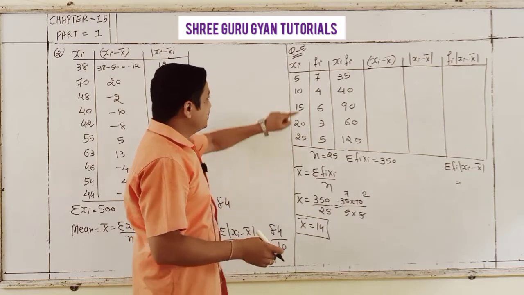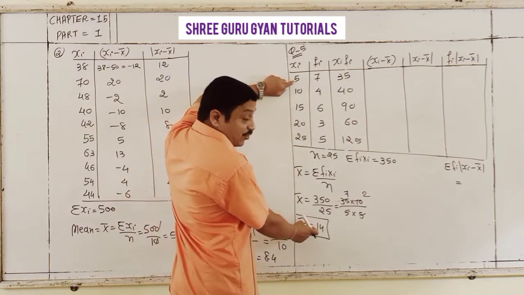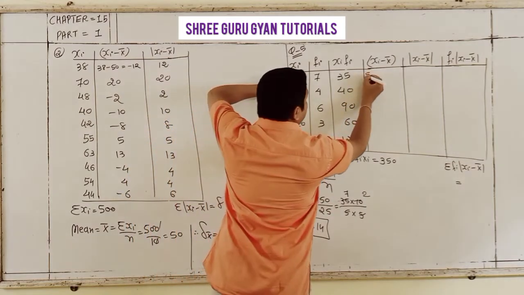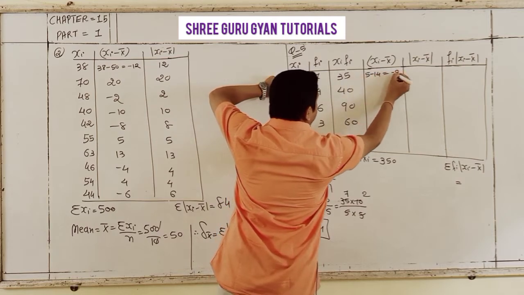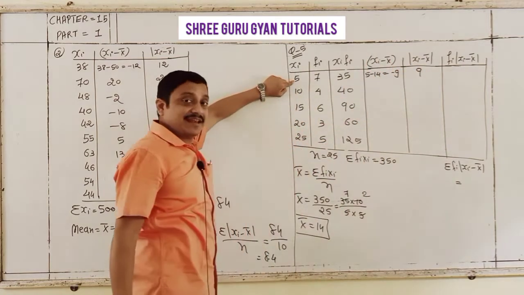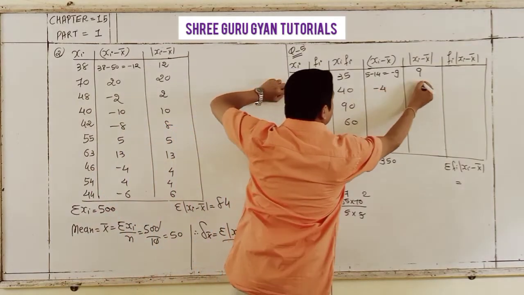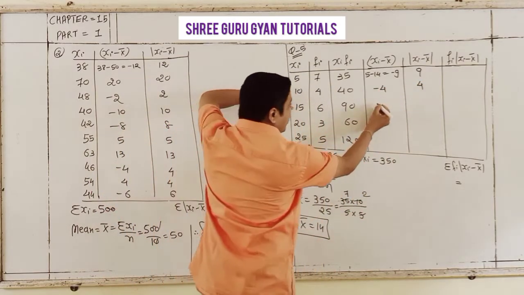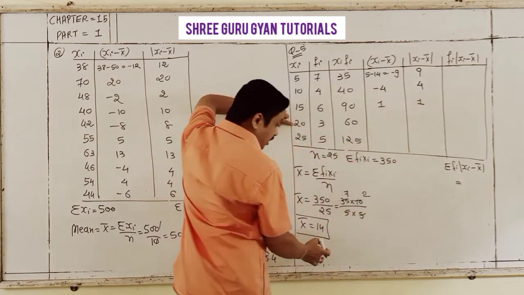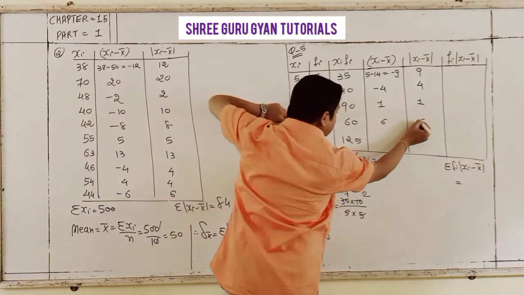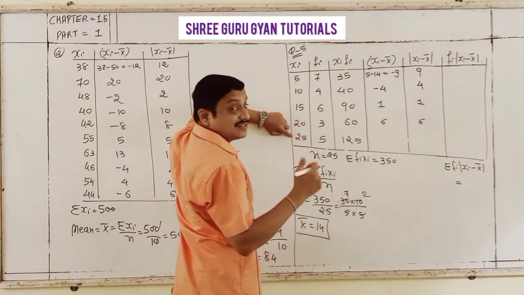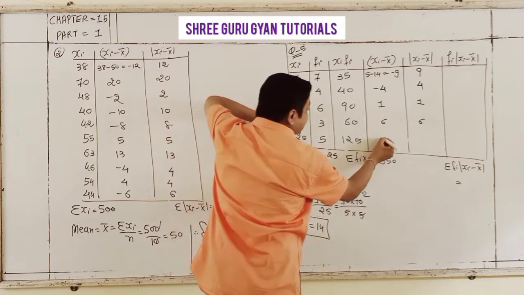So, students, xi is 5 minus 14, we will get minus 9, modulus 9. Similarly, 10 minus 14 is minus 4, it is 4; 15 minus 14 is 1; 20 minus 14 is 6; 25 minus 14 is 11.